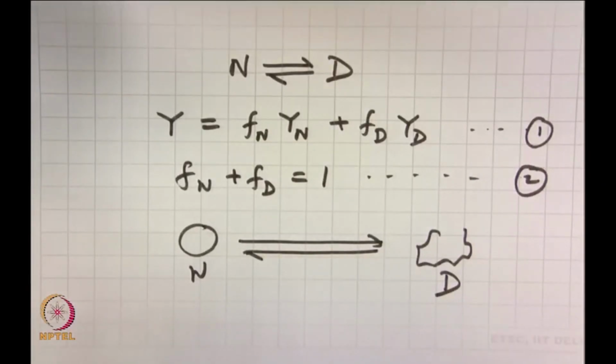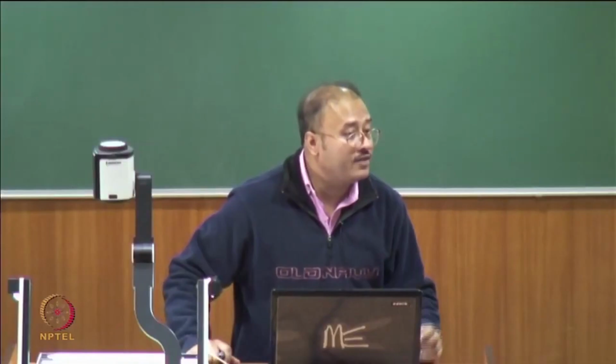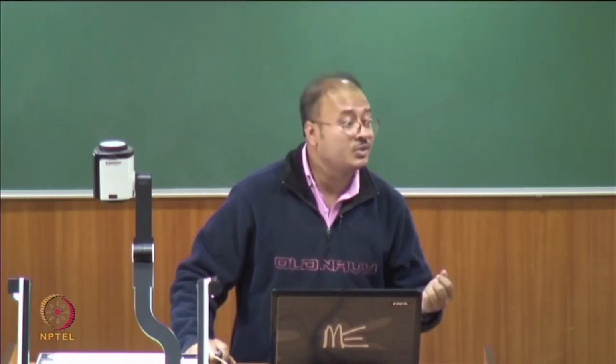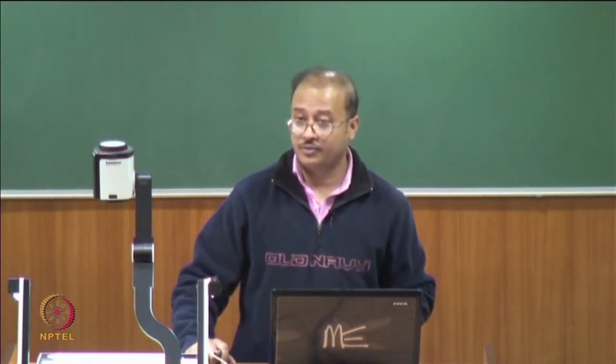But you can easily raise a point. What is the guarantee that I would not have any intermediate states between n and d? I can have, but this is the simplest way I can represent a transition, right.